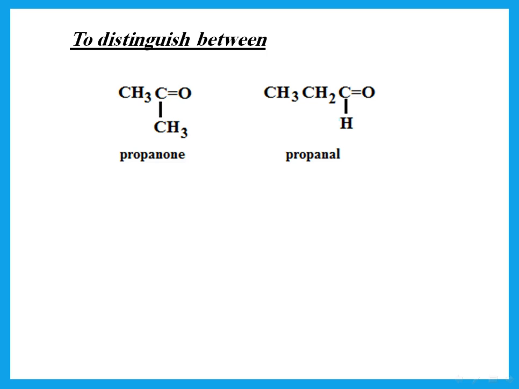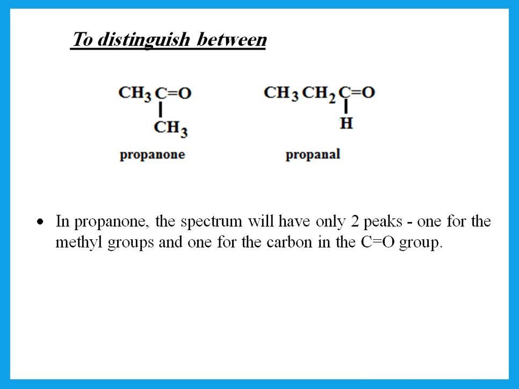If we want to use carbon-13 NMR to distinguish between propanone and propanal, what do we have? In propanone, both carbons in the CH3 groups are equivalent, so they will give you only 1 peak.